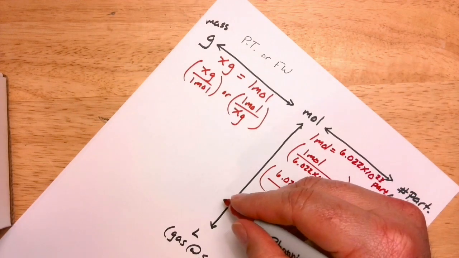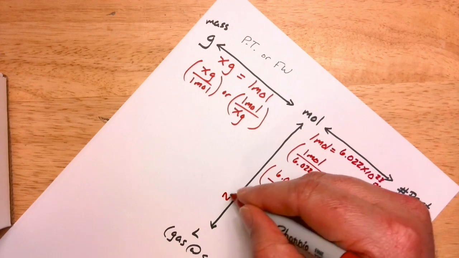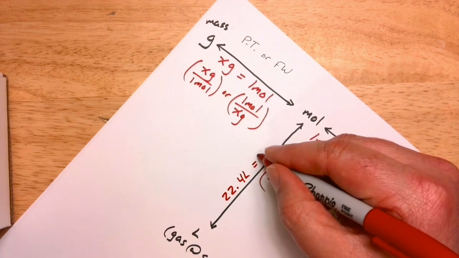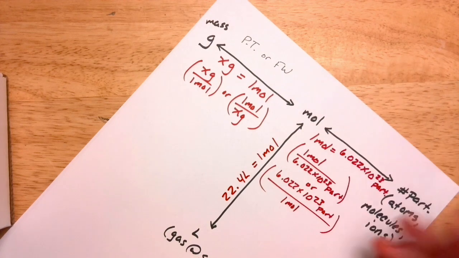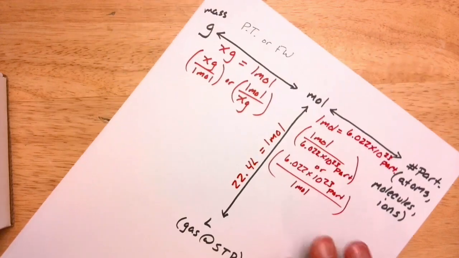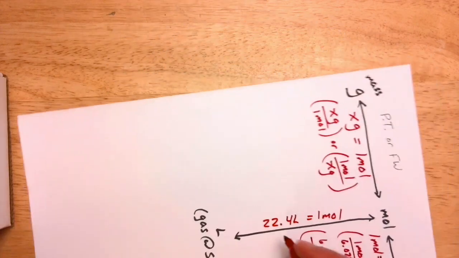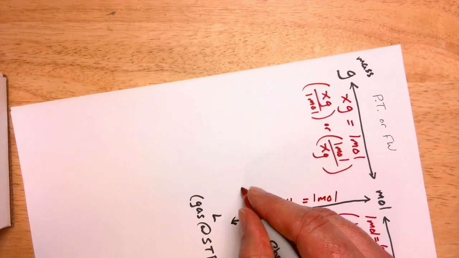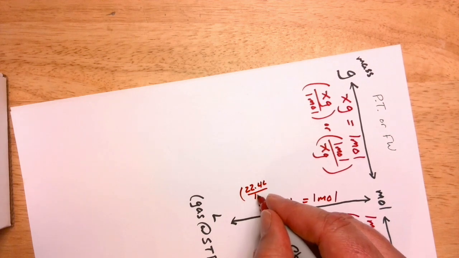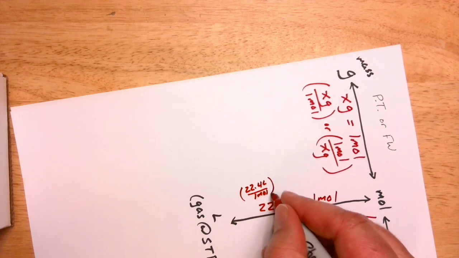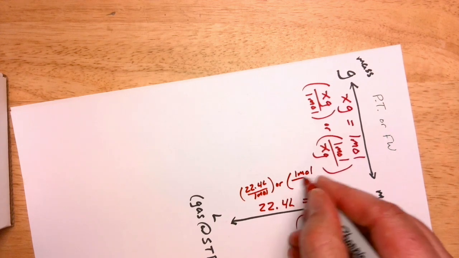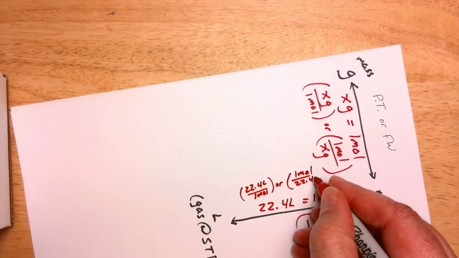I want you to write on here: 22.4 liters is equal to 1 mole. So that's what we're going to be adding onto this flowchart, which again can mean 22.4 liters over 1 mole, or 1 mole all over 22.4 liters.